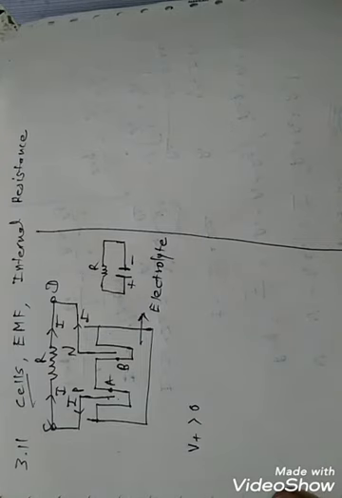Now for the negative electrode, the potential relative to the electrolyte is V minus, and the electrolyte has the same potential throughout.